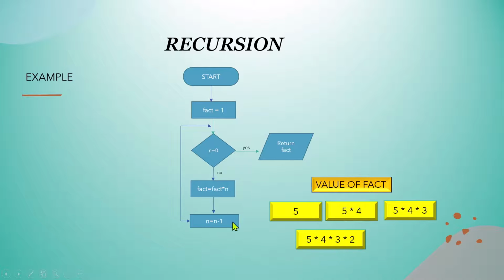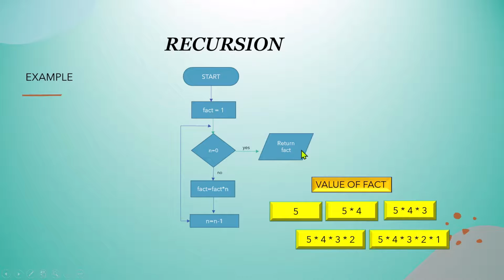Then n is reduced to 1. Is 1 equal to 0? No. And so we multiply, giving 5 into 4 into 3 into 2 into 1. Then we reduce n by 1, which means n is now 0. Is n equal to 0? Yes. And we print out or return the factorial.